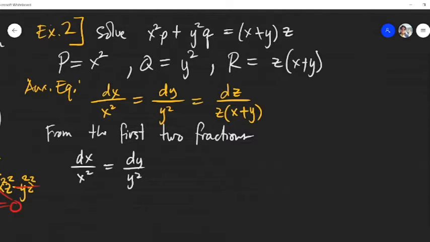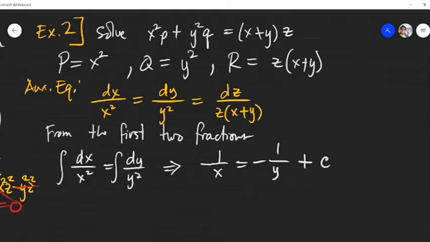Here we can integrate directly. The integral of dx over x squared is negative 1 over x, and this is equal to negative 1 over y. Don't forget, since we integrate, we need to add an arbitrary constant, so we have c sub 1.